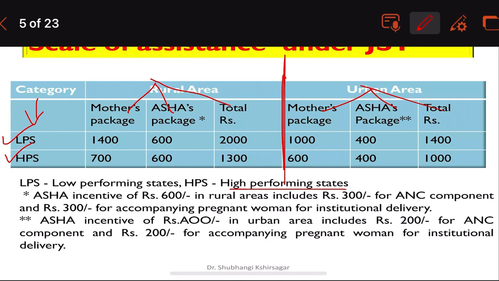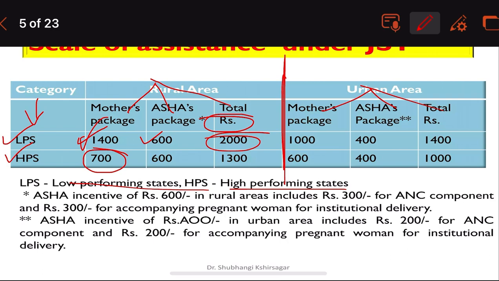In the low performing states, the mother's package is 1400 and the ASHA package is 600, so the total is 2000 rupees. Rupees 1400 is given to the mother in low performing states, and 700 in high performing states.